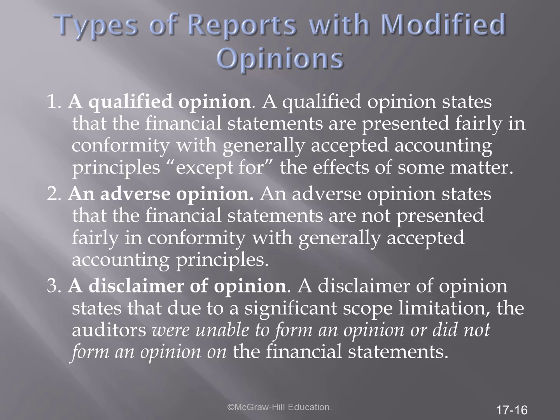An adverse opinion is an opinion that states that the financial statements are not presented fairly in conformity with generally accepted accounting principles. And then finally, a disclaimer of opinion states that due to significant scope limitations, the auditors were unable to form an opinion or did not form an opinion of the financial statements.